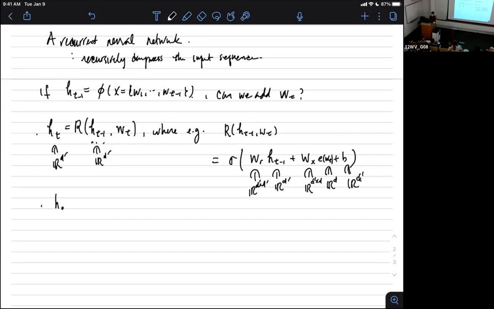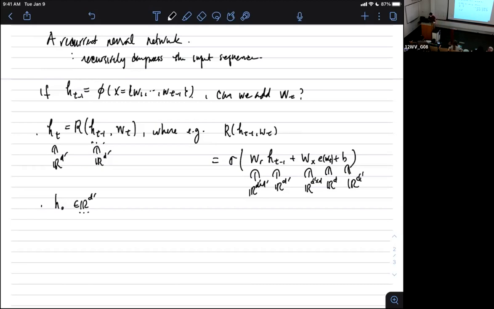There are two major options. One is that you say H0 is a D prime dimensional vector that is a parameter. So you can imagine H0 as if it's a bias vector. So that is just learned, just updated using the SGD procedure that we talked about.